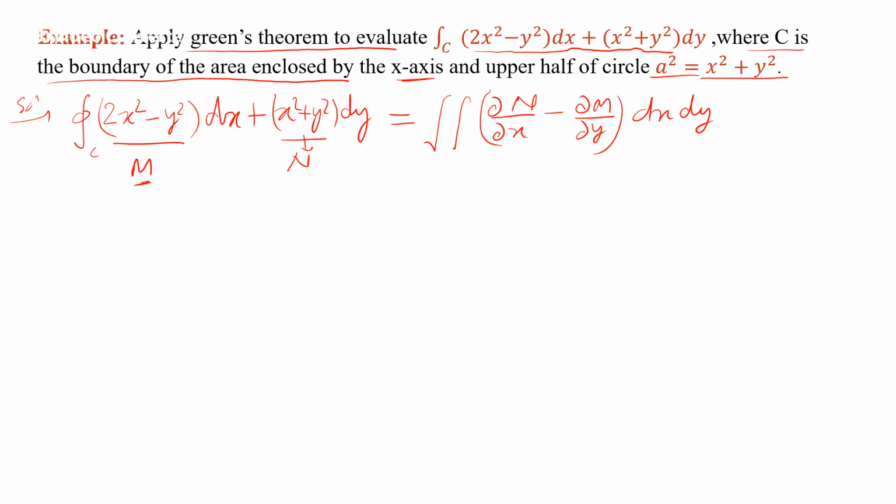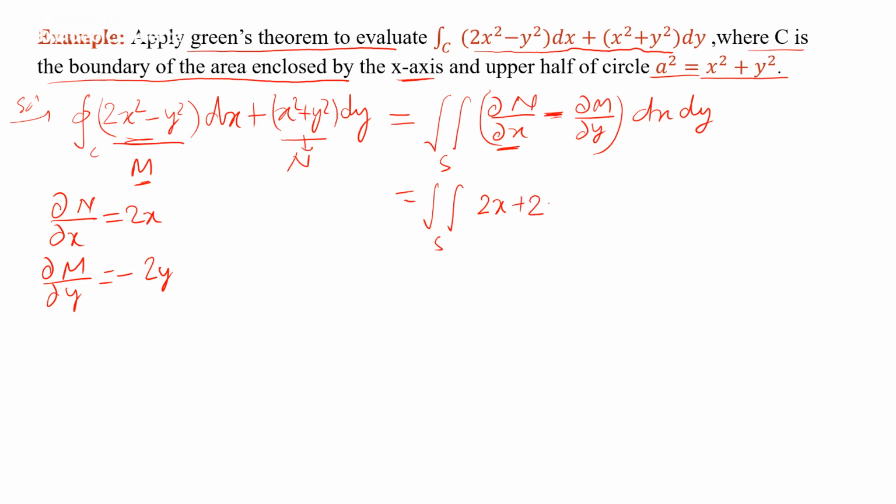First we evaluate the partial derivative of N with respect to x, so we get 2x. The partial derivative of M with respect to y would be minus 2y. So we write 2x minus minus 2y, that is 2x plus 2y dx dy.